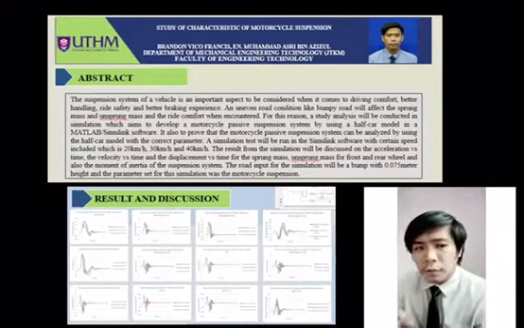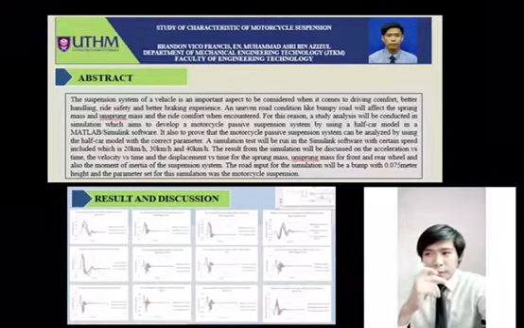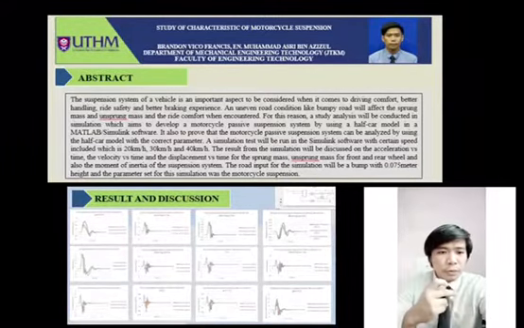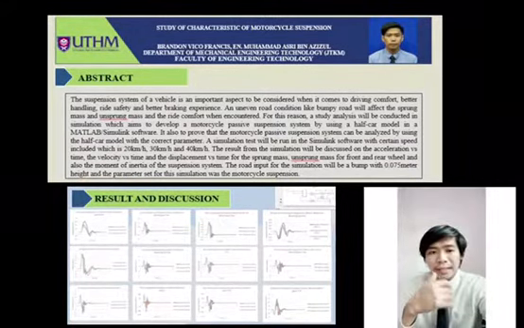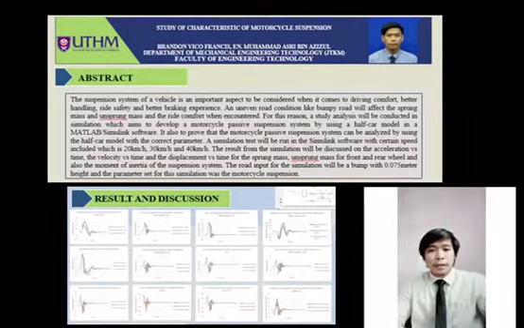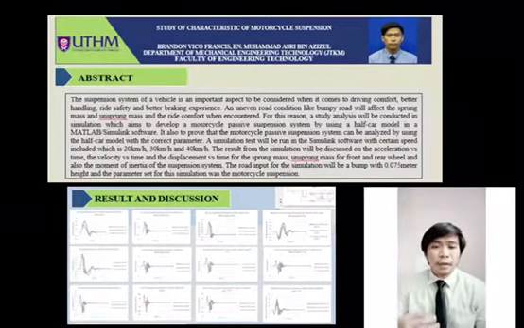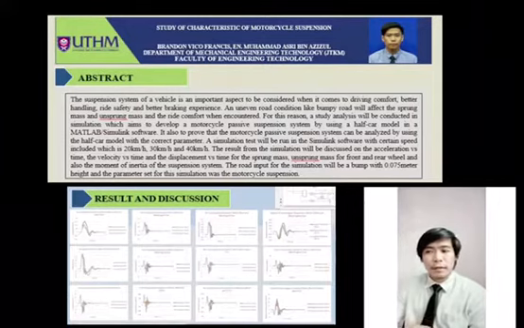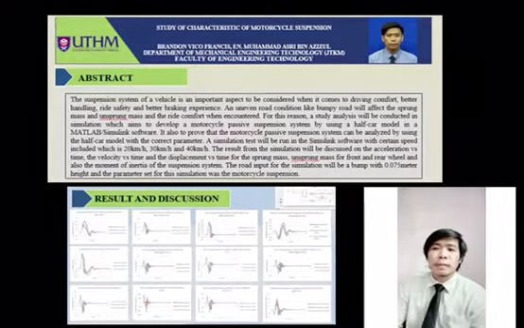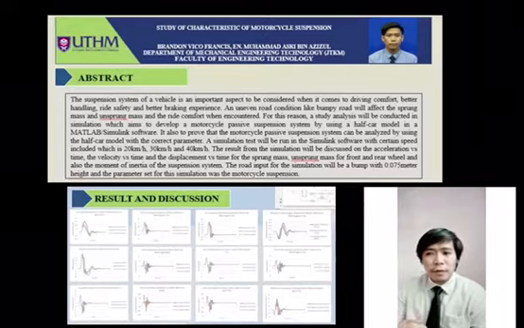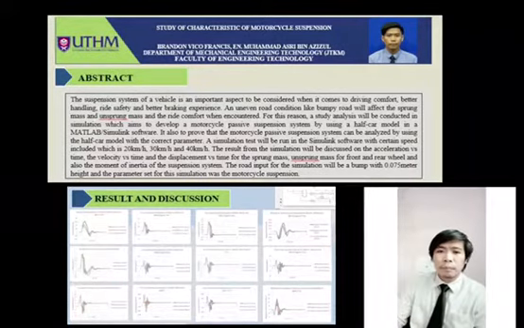According to the results from the table that we have obtained, it shows that as the motorcycle speed increases, the reading values for the displacement, velocity and acceleration of the unsprung masses remain the same. One possible reason is the similar tire stiffness value of both wheels.